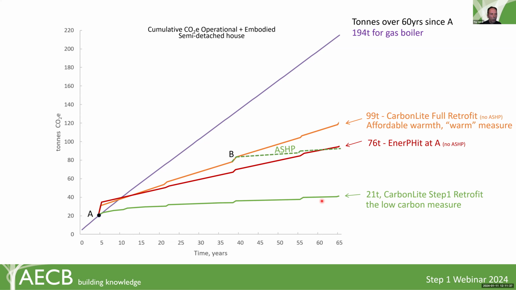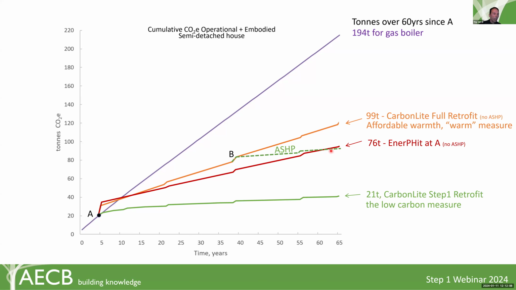You could install the heat pump later if you did this full retrofit. So going up this line, at point B, you could install an air source heat pump, and then you'd go along this line, which is a mirror of this line. You'd go along the same gradient as this route down here. It'd just be up here now instead. And what that would mean is that you still end up with some kind of mid-range outcome.